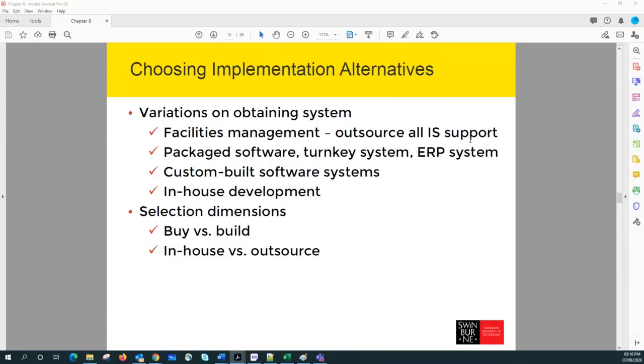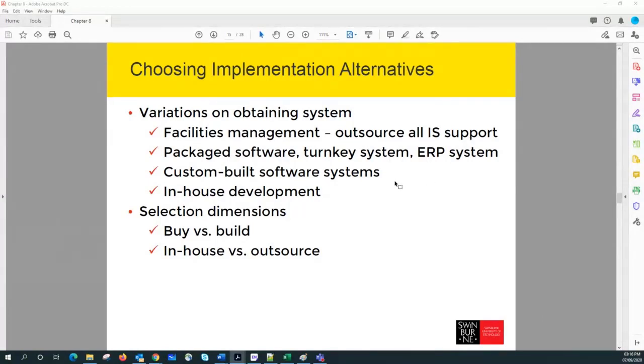For example, law firms may have specialized law-related software packages. If it is supply chain, we may have supply chain related packages, or if it is financial services, we may have financial services related software packages, right? That is what we mean by turnkey. Or are we going for a general third-party ERP system? There are pros and cons on that as well.